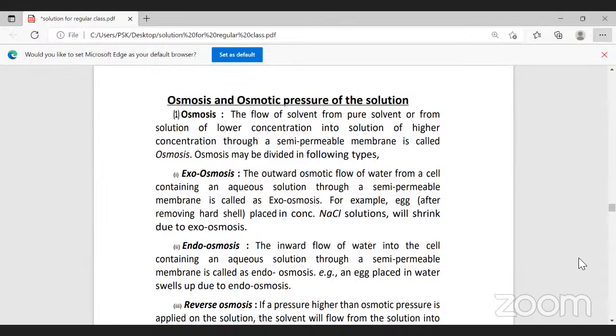If you have any clarification on what we have done, you can ask me. If you're not able to answer, ask quickly so that we can continue with the topic. The next colligative property we'll be learning is osmotic pressure.